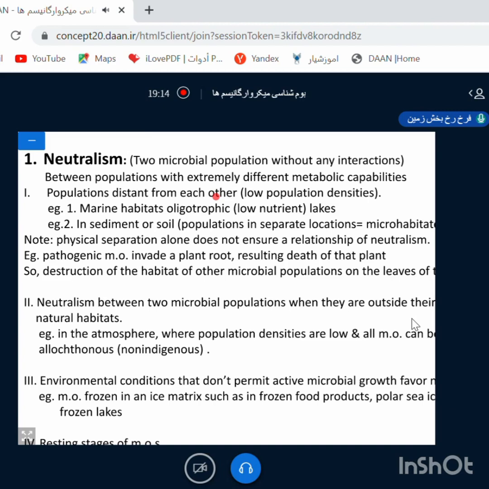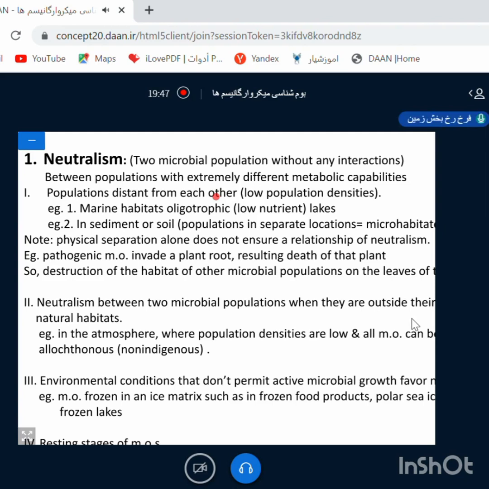But suppose the microbes in the soil attack the root and the tree will die. So the pathogenic plant pathogens in the soil have a negative interaction on the microbes living on the leaves of the tree.